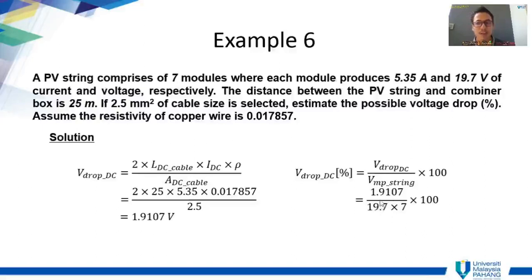So you take this value over this value, then you get 1.3856%, which is less than 5%, the maximum allowable voltage drop based on MS 1837:2010. So the answer here is almost 1.5% for the voltage drop, for example 6.